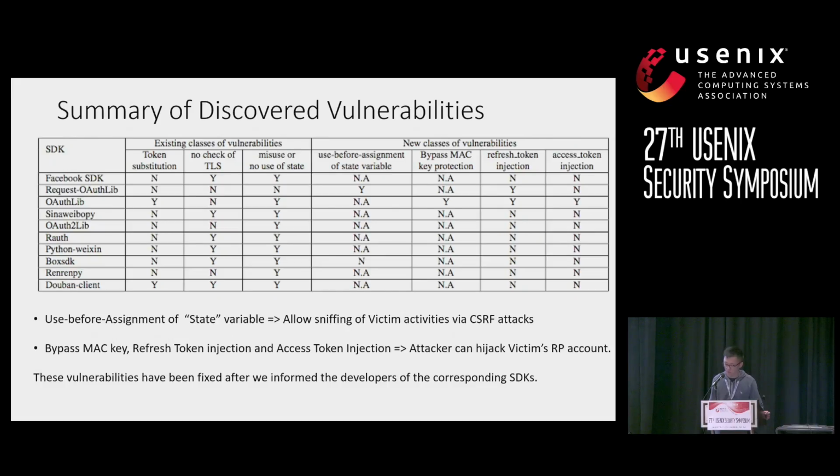The other 3 types are bypassing MAC key protection, refresh token injection, and access token injection. These vulnerabilities could allow an attacker to hijack victims' account on the RP server. And we reported all these newly discovered vulnerabilities to the corresponding vendors, and they have all fixed them.